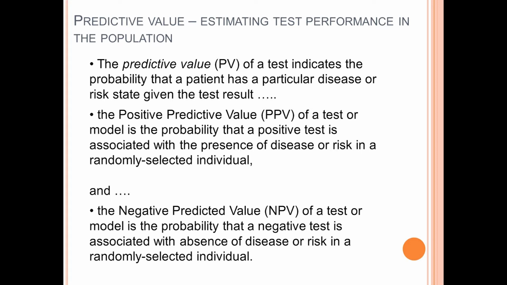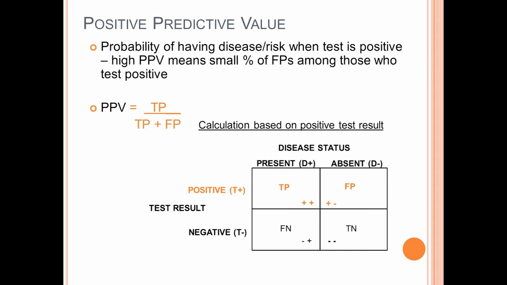And given that there may be certain risks or costs of a particular treatment or for assigning an individual to a particular risk category, predictive value is useful. It's useful for patients, it's useful for clinicians, it's useful for researchers for deciding whether to start treatment or to start some type of risk protocol. So again, this is a patient perspective.